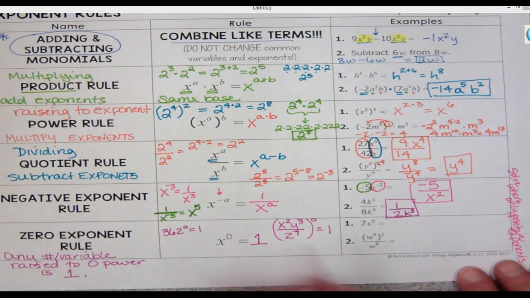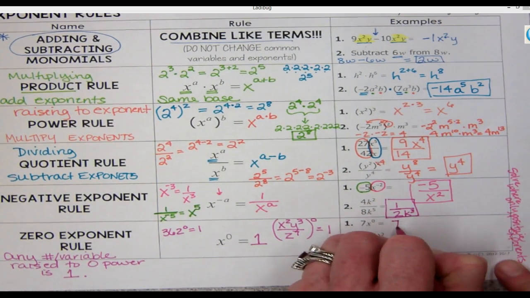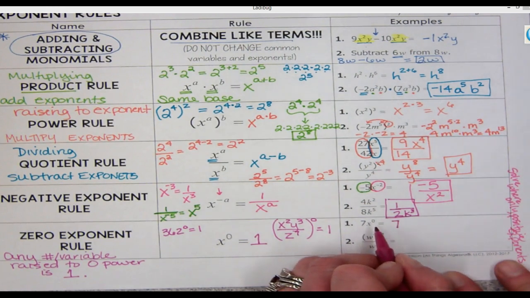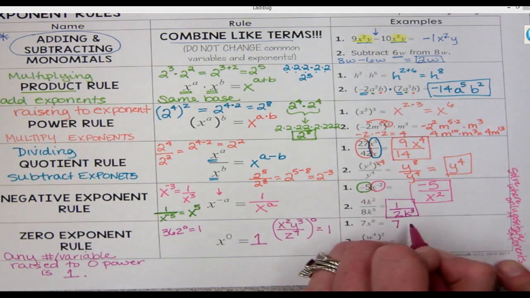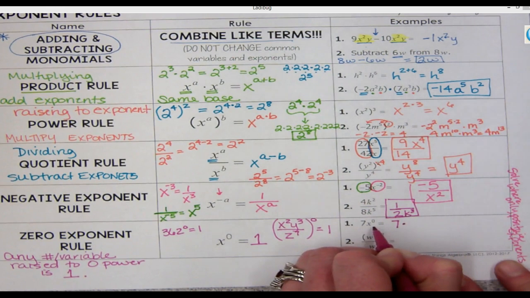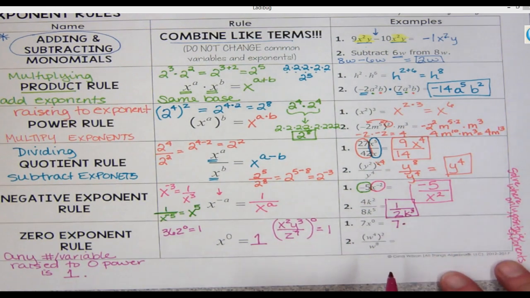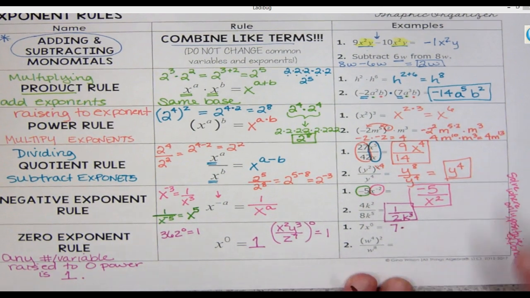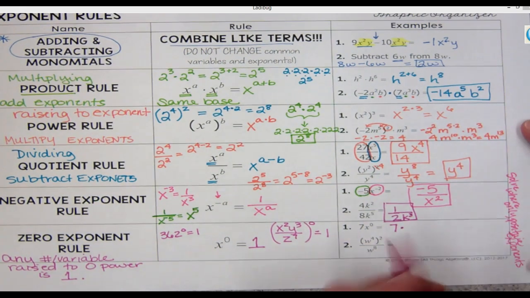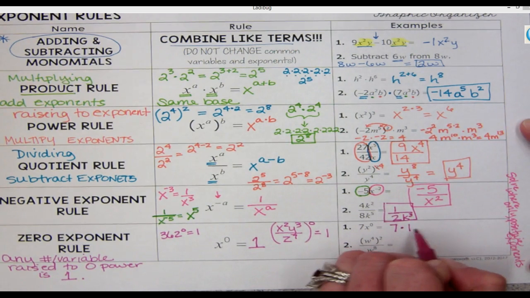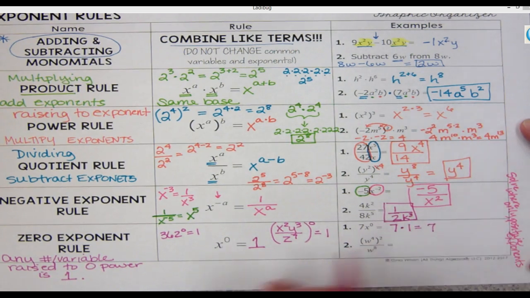So now we've got 7x to the 0 power. The 7 isn't raised to the 0 power, just the x is raised to the 0 power. So that's going to be 7 times, because since there's no symbol in between them, we're always multiplying. So 7 times x to the 0 power, which is 1, is going to equal 7.